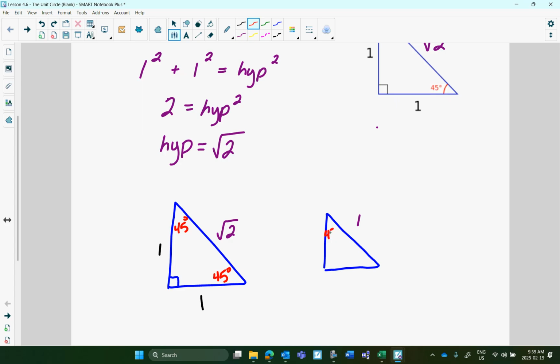So basically, I'm going to shrink the right triangle. Because remember, square root of 2 is 1 point something, right? So a triangle where the hypotenuse is 1 is going to be smaller. But this has to be proportional. So if I want to go from a root 2 hypotenuse to a 1, what would the lengths of the legs be?